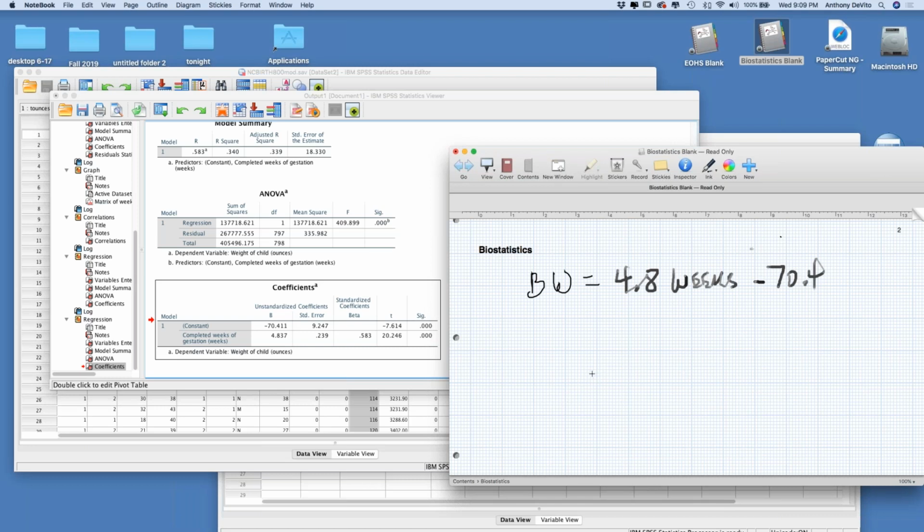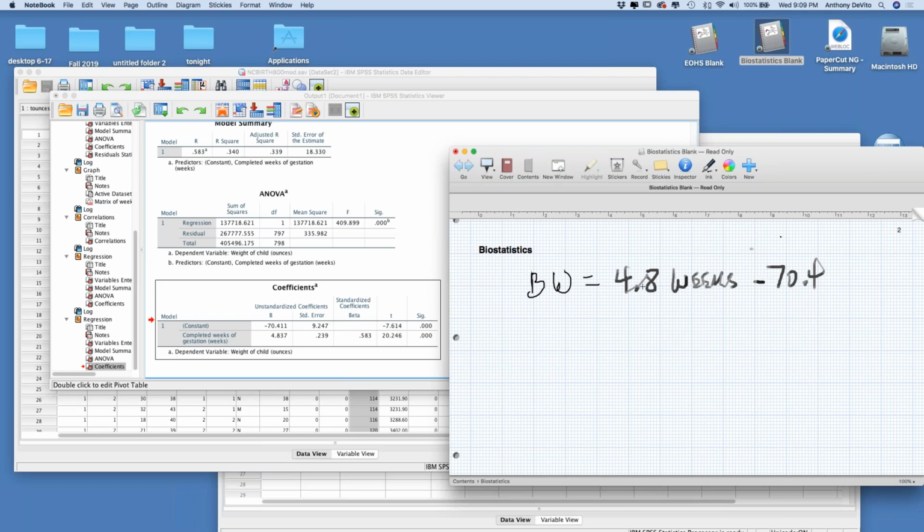So that's my formula. If the baby is 40 weeks, that's roughly 200 minus 70, about 130 ounces. I would just substitute the number of weeks of gestation there, multiply by 4.8, and then subtract 70, and that would give me my predicted value.